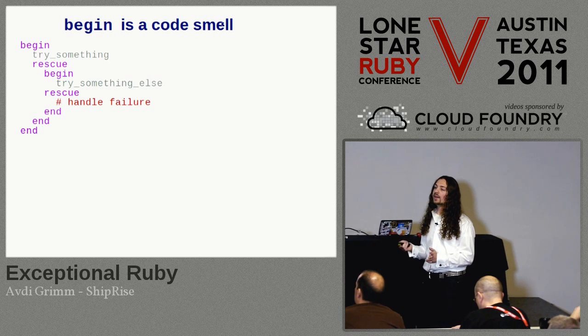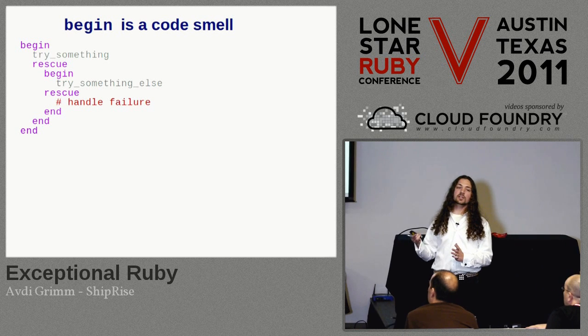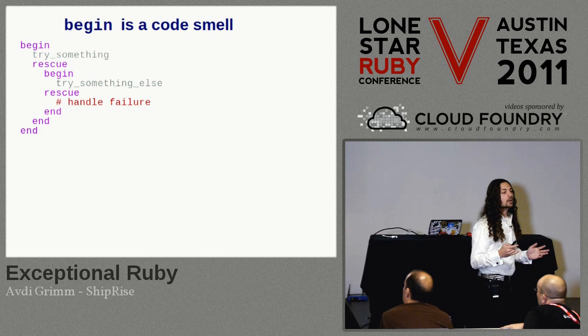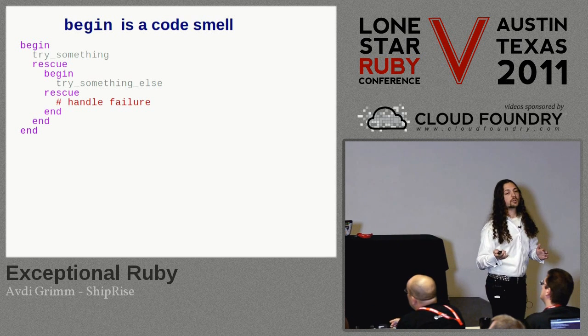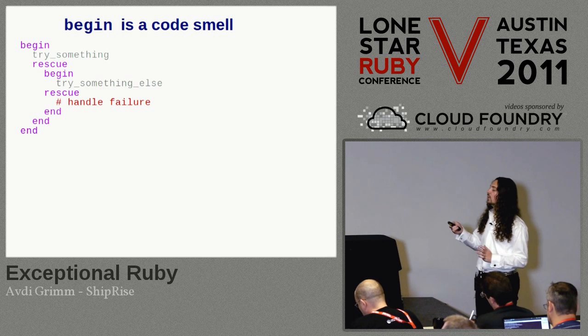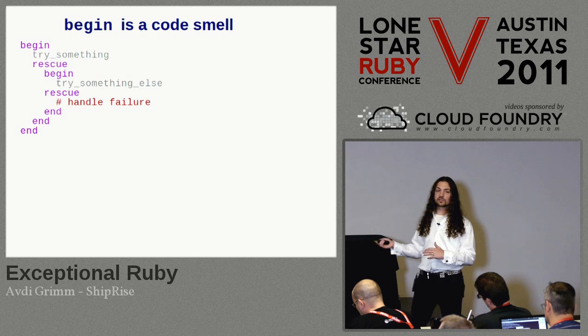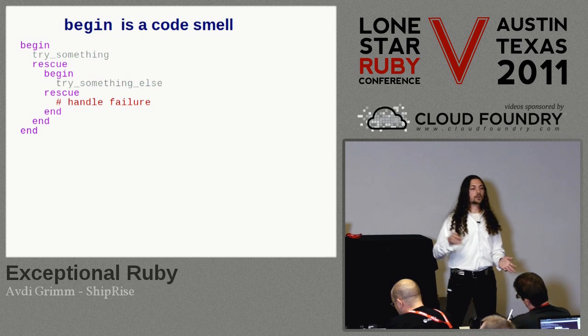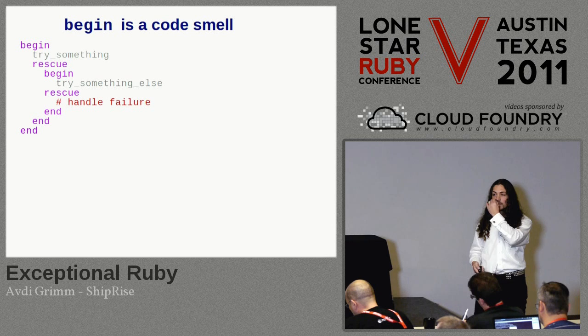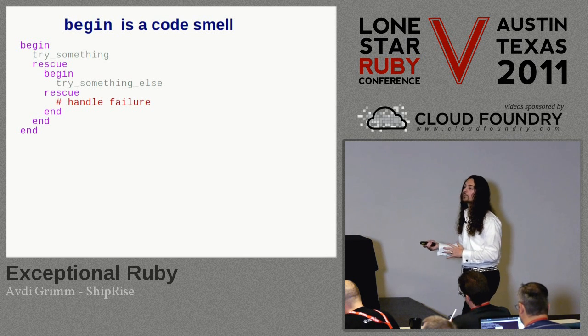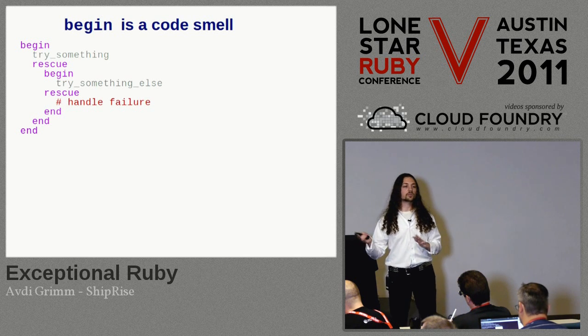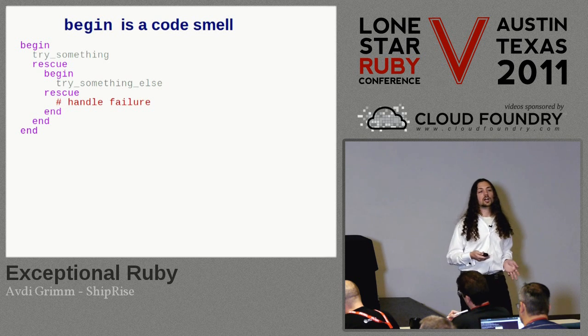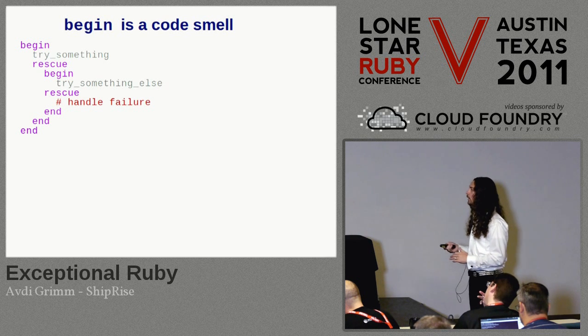Towards this end, I actually think of the begin keyword in Ruby as kind of a code smell. I don't know if you've ever dealt with code that had deeply nested begin, rescue, end blocks like this, where you're like 3 levels deep in them. I've run across a few of these, and they were always buggy. They were always a source of bugs, very hard to understand, and often they were doing the wrong thing anyway.